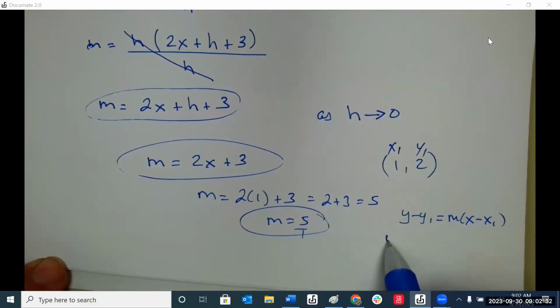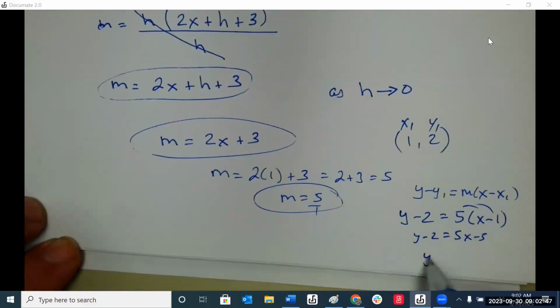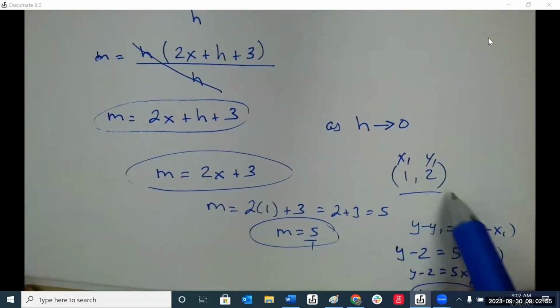So we have y minus 2 equals 5(x minus 1). 5x minus 5. Add 2. So we have 5x minus 3. That's the equation of the line tangent to the curve at this point.